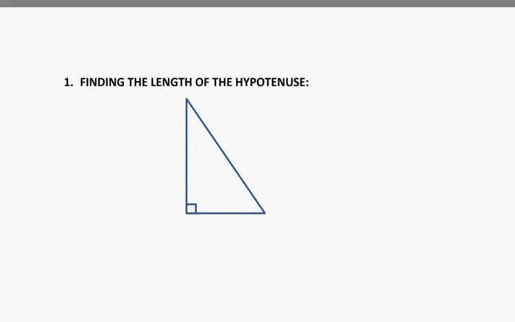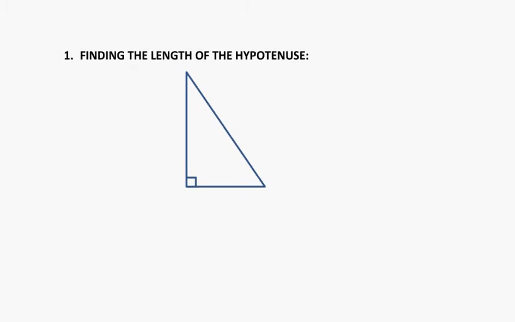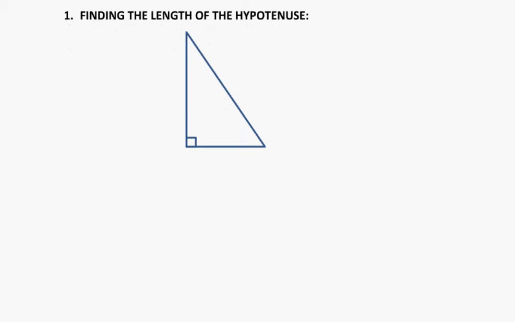So let's first of all find the length of the hypotenuse. So here we've got our triangle, right-angled triangle, A, B, and C. And now let's put some numbers on here. Let's say that A is 4 centimeters long, B is 3 centimeters long, and we have to find C. So we'll call that X. Now because we're finding the length of the hypotenuse, we're going to use the formula around this way.